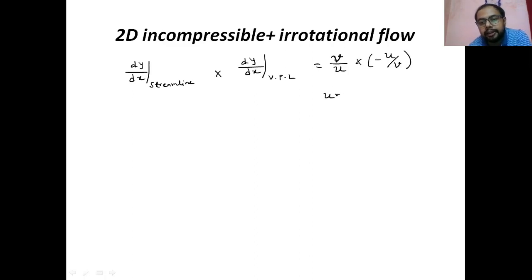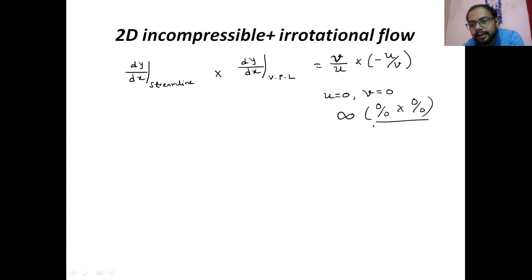If u is equal to 0 and v is equal to 0, this equation will be indefinite. We cannot define these values. It will become 0 by 0 into 0 by 0, undefined. If both are not equal to 0, then the product of the slopes is equal to minus 1. So u and v should not be 0.